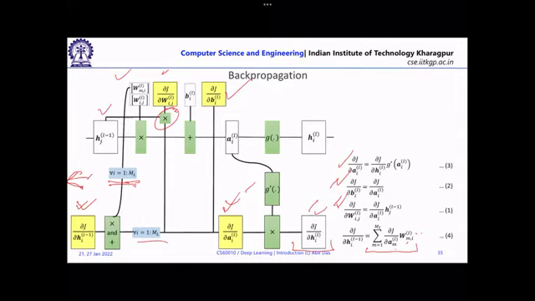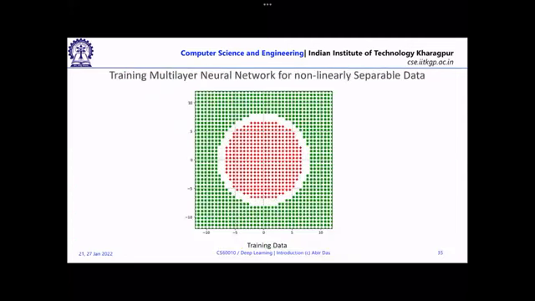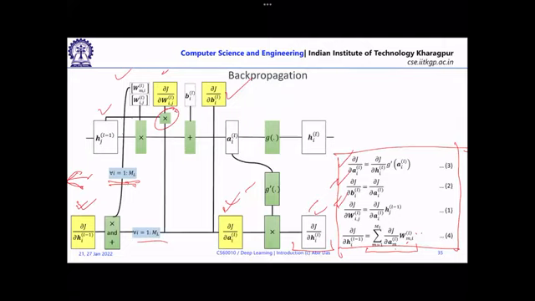Whatever you have to remember is this set of 4 equations that you will require if you want to implement backpropagation. So I think I have completed the discussion on backpropagation. If you have any questions, I know you might have many, please shoot away. You can raise your hand.